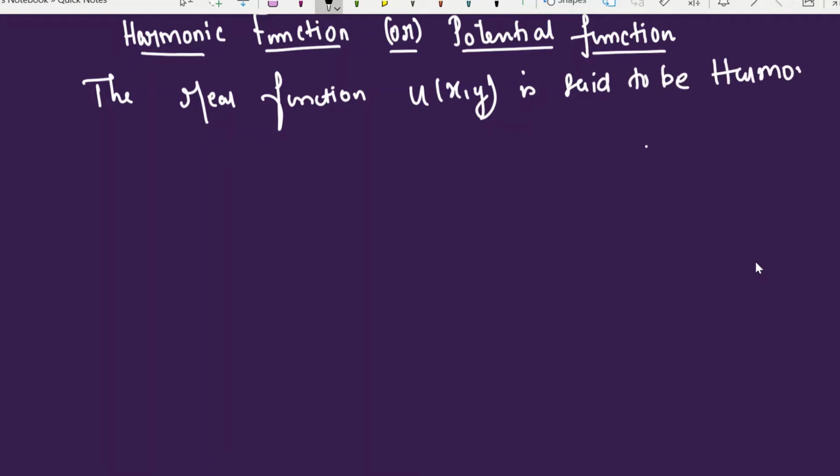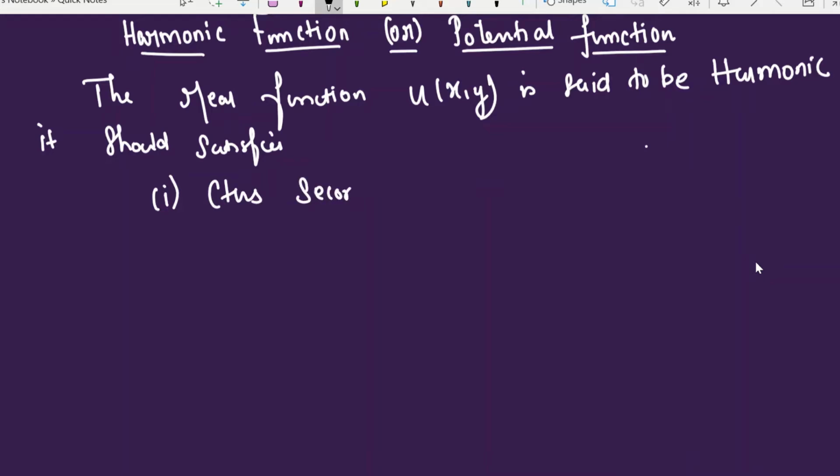or potential function. Harmonic, it should satisfy two conditions. First condition, continuous second order partial derivatives exist.